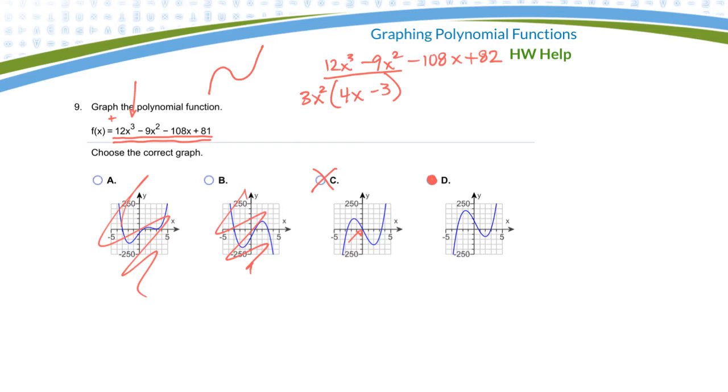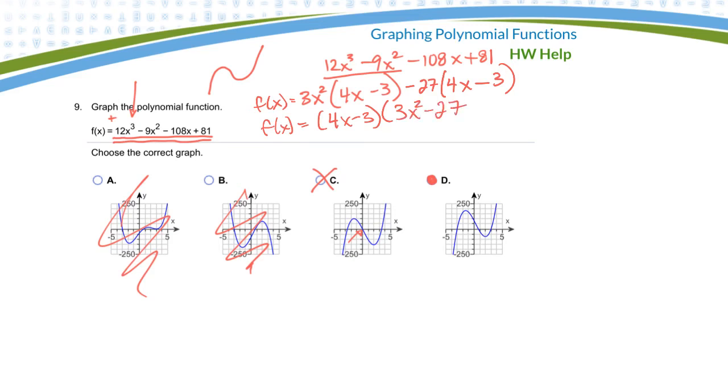What am I doing? You probably noticed that, but I didn't. Okay, I can factor 27 out of that. If I factor out a negative 27, that gives me a 4x minus 3. Nice. Lucky. So f of x is equal to 4x minus 3, which is common, times 3x squared minus 27.